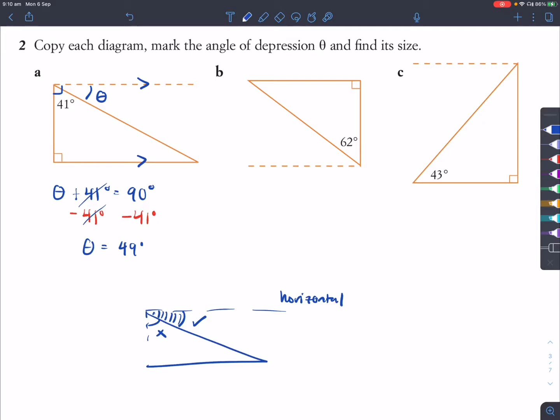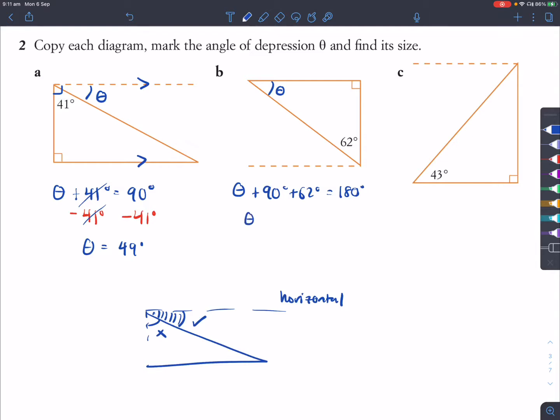All right, let's have a look at B. So remember, we're looking at an angle of depression. We're looking downwards. So the angle that we're finding out is this one here. There is no way we're going to find that using alternate angles at all. There's no angle here. But what we can do is use the angle sum of a triangle, which totals up to become 180 degrees.